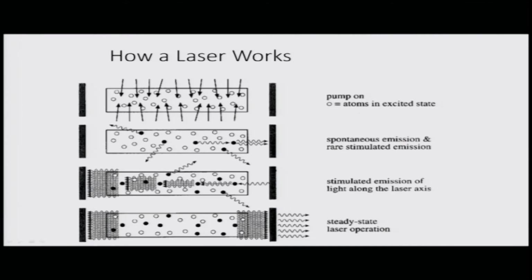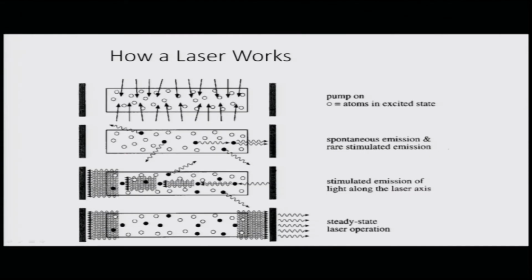We have the laser being pumped, atoms in the excited state are being generated, and spontaneous emission and rare stimulated emission are happening inside the cavity. Because stimulated emission is directional, along the direction of the cavity it gets amplified.